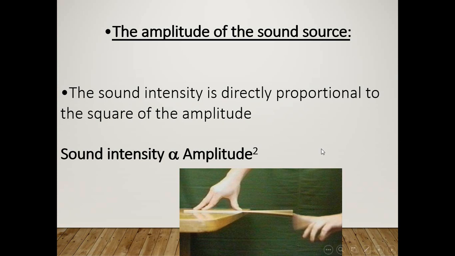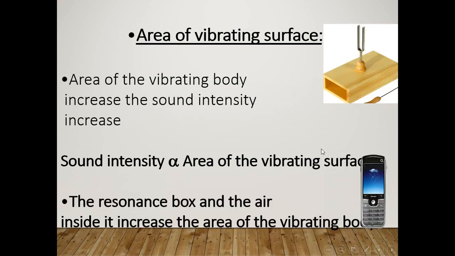Third one, the area of the vibrating surface. When the area of the vibrating surface increases, the sound intensity increases. Like when we put a mobile phone inside a resonance box made of wood, using the vibrational motion of the phone, we hear the sound of the phone very clearly. Why?